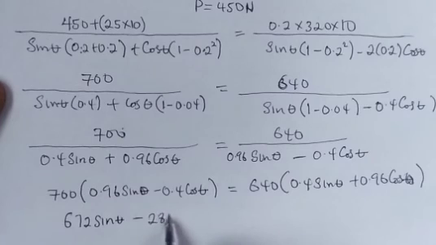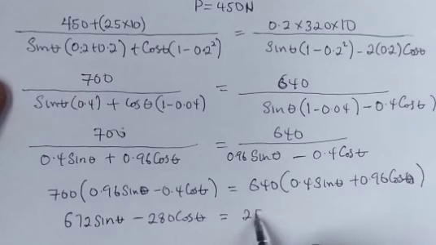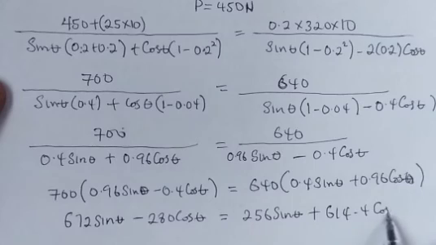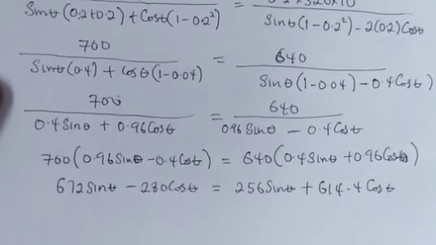So we have 280 cos theta is equals to 640 times 0.4, so that will give us 256 sine theta plus 640 times 0.96, so that will give us 614.4 cos theta, right? So this is what we have here.